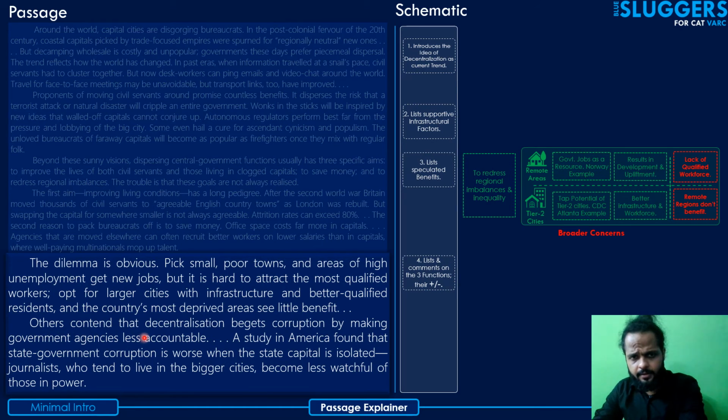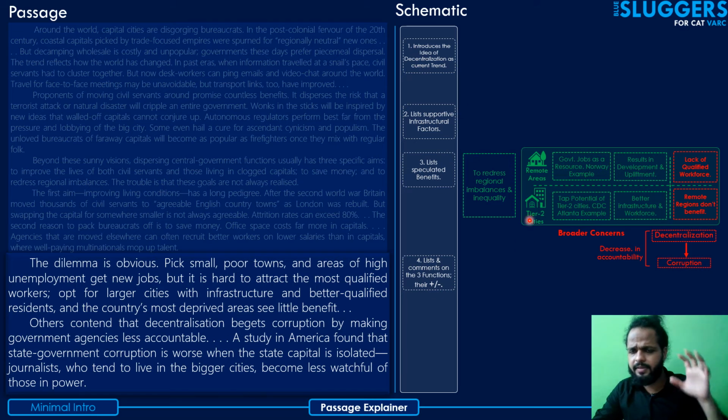Others contend that decentralization begets corruption by making government agencies less accountable. Now, so far the author had been talking about the benefits which have been cited by the proponents of this idea, and what the three aims are. So most of the discussion had been about the benefits and for what reasons these bureaucracies and government agencies can be moved out of your capital cities.